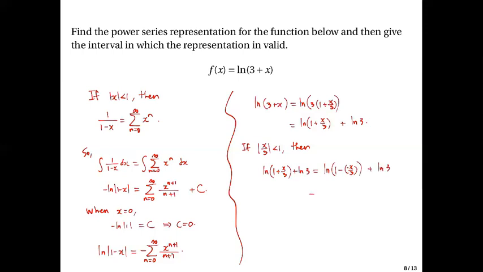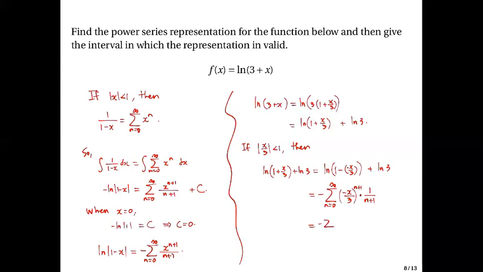Now we apply the power series representation. We have negative of the sum from n equals 0 up to plus infinity of negative x over 3 raised to n plus 1 times 1 over n plus 1. And then let us simplify this.